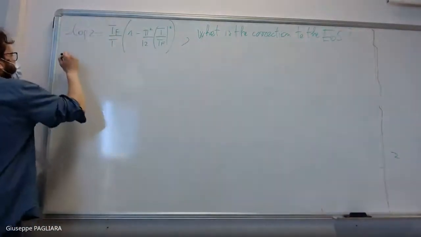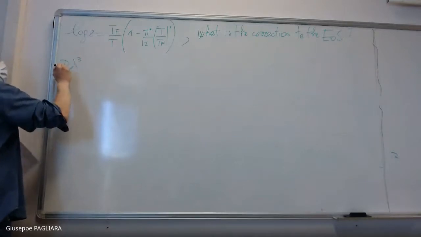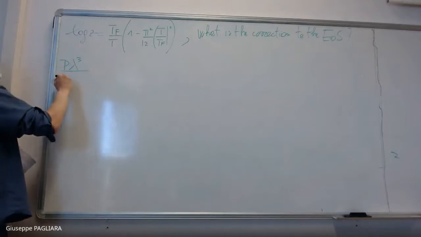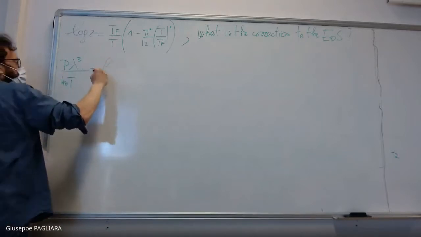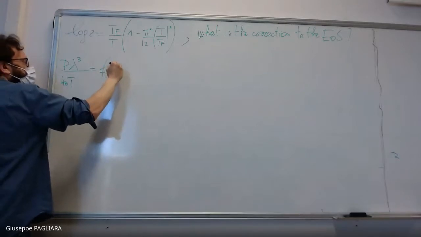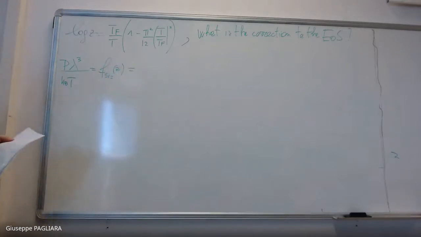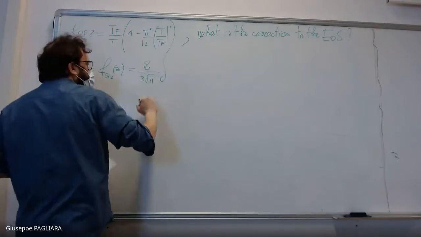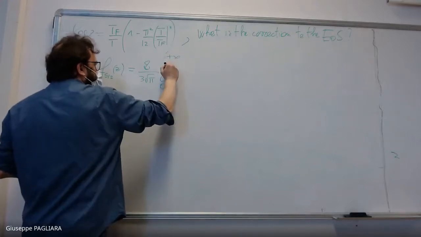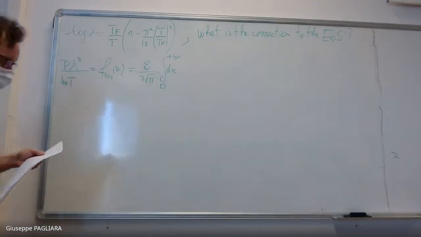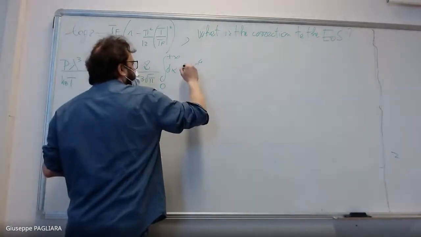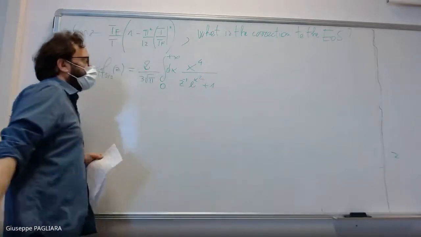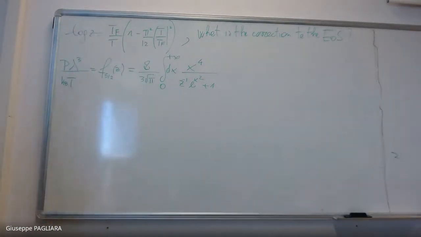To do that, we need to consider the relation of the equation of state, which is P lambda cubed divided by kT, the f of phi 1 of z, which in turn is equal to 8 divided by 3 square root of pi, integral from 0 to plus infinity dx of x to the power of 4 divided by z minus 1 e to x squared plus 1, which is the Fermi function for phi alpha.